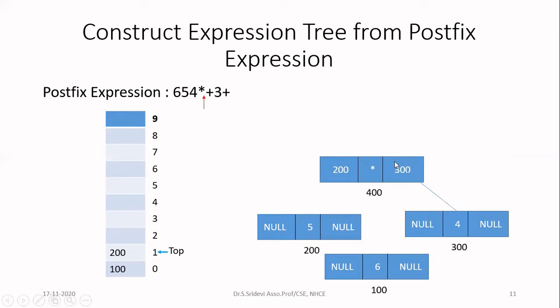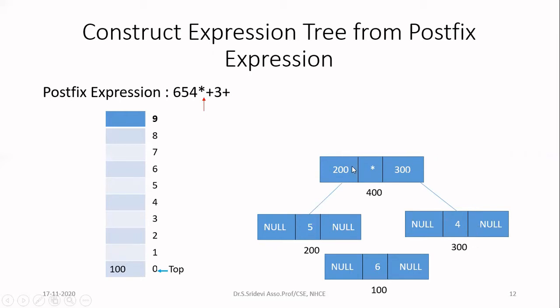So it means one of the operands for multiply is 4. Then I'm going to pop the second pointer. It is 200. So after popping 200, I'll be inserting this 200 as a left child. So it indicates that this multiply operator is going to operate on 2 operands. They are nothing but 5 and then 4.